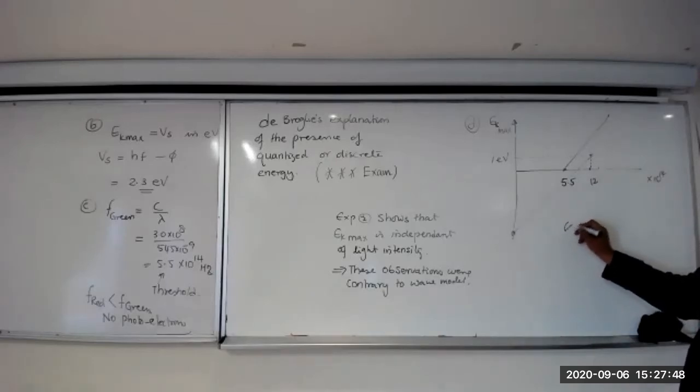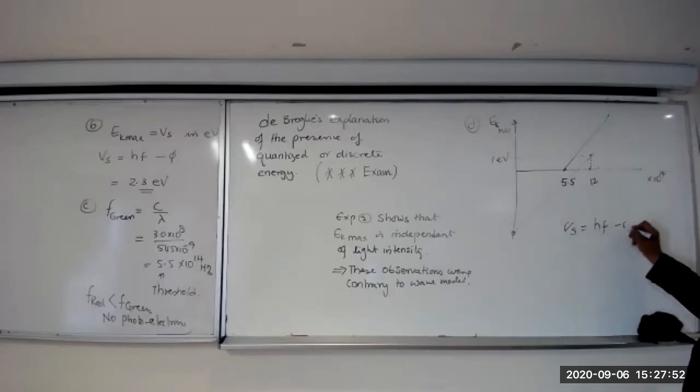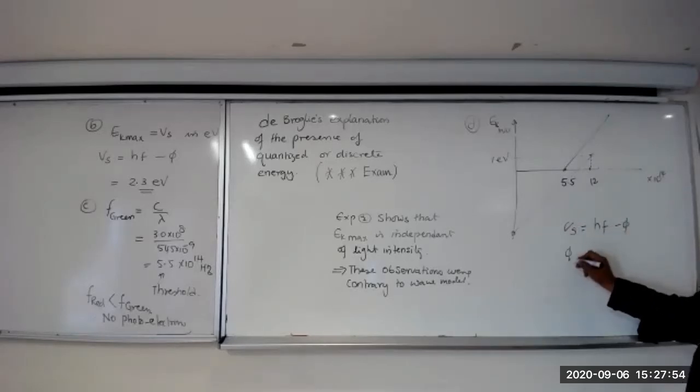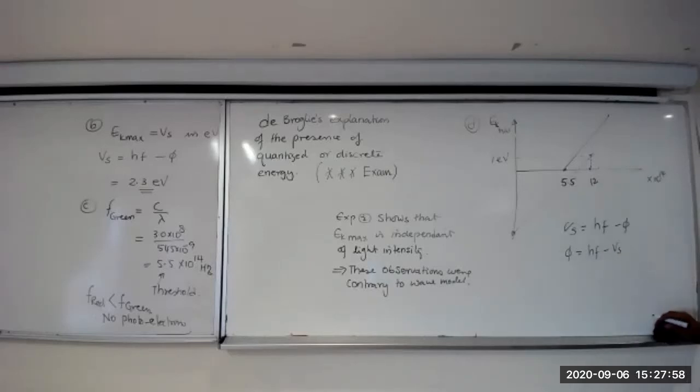So we know Vs equals hf minus work function. You can find the work function, which is 4.14 times 10 to the power negative 15 times 12 times 10 to the power 14, minus 1.